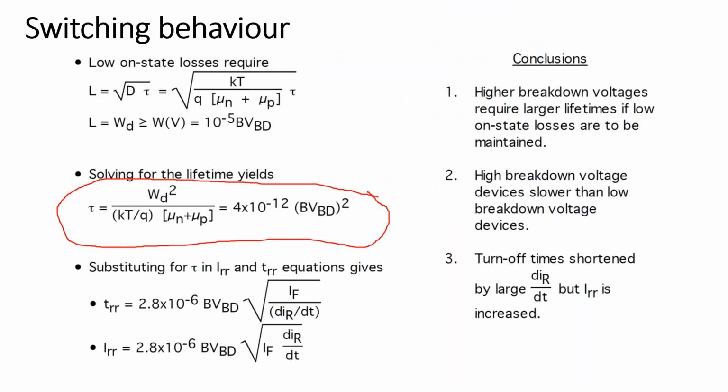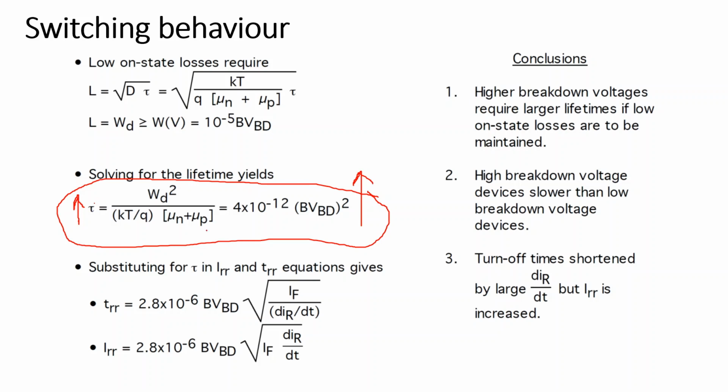This expression also says that if you have a higher breakdown voltage, then tau will be higher. If tau is higher, holes and electrons take more time to recombine, and they take more time to turn on and turn off. If they take more time to turn on and turn off, the device is slower.